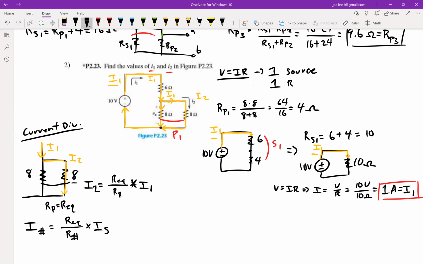It's just whatever's being split up. So in this case here, I1's being split up, so that's our source current. If we go and plug and chug, we already found the R parallel value, and we know it's 4 over 8 ohms. We're going to multiply it by the source current, 1 amp. And this will give us 0.5 amps. And that'll be equal to I2.